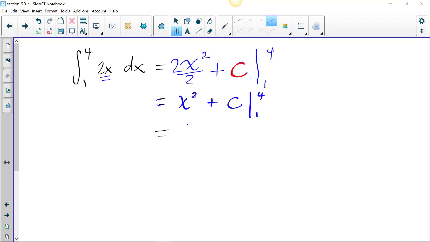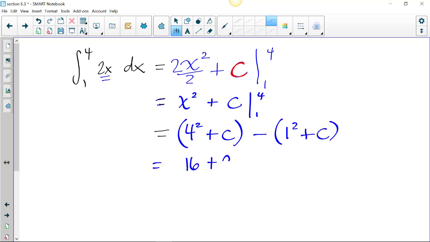So I'm going to plug in the 4. I get 4 squared plus c minus 1 squared plus c. So I've got 16 plus c minus 1 minus c, if I distribute this subtraction through. Now what do I get?